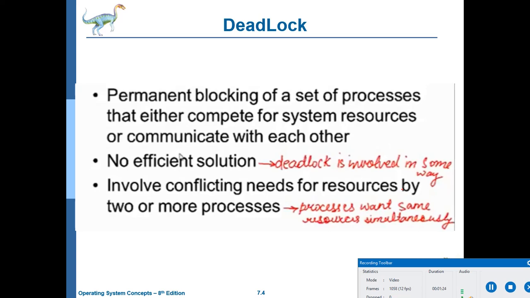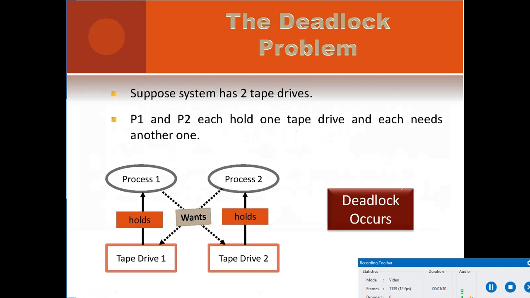It involves conflicting needs for resources by two or more processes, because processes want the same resources simultaneously. So here is a problem of deadlock. Suppose we have two processes, P1 and P2, and the system has two tape drives, tape drive 1 and tape drive 2.